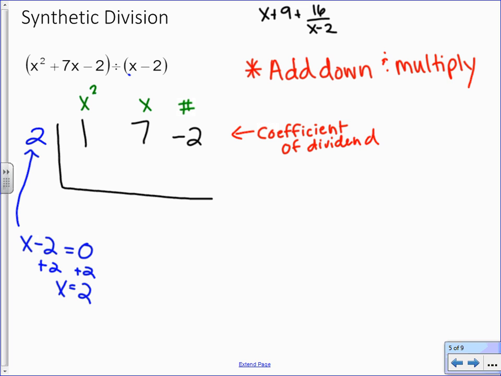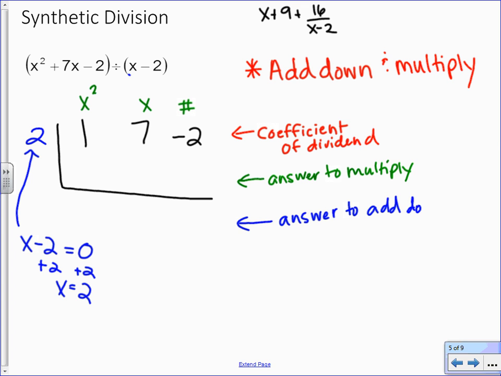The second line of your synthetic box will be answers to multiply. And the last line of the synthetic box will be answers to add down. So all your add downs go outside the box. All your multiplies go inside the box.